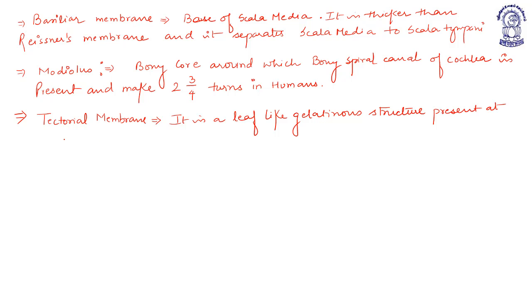So the tectorial membrane is a leaf-like gelatinous structure which is present at the dorsal side of the organ of Corti.